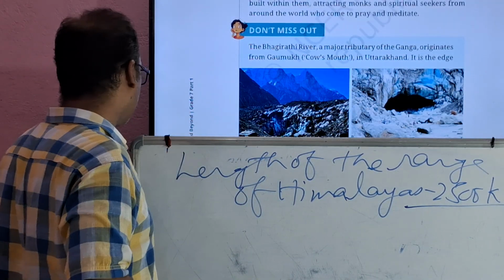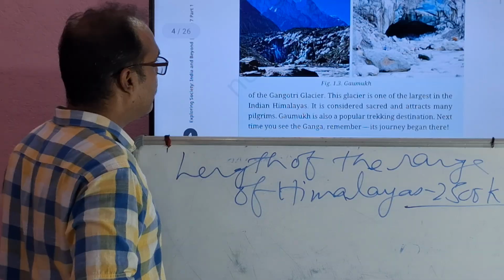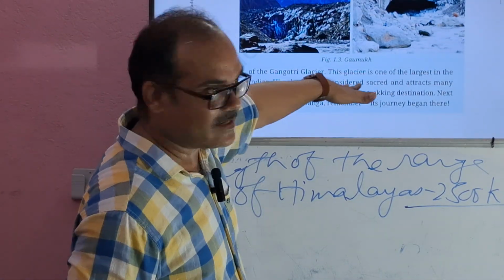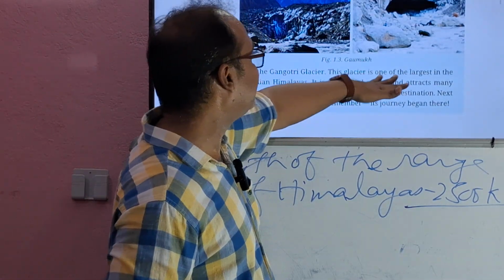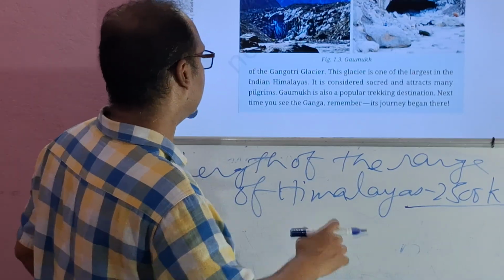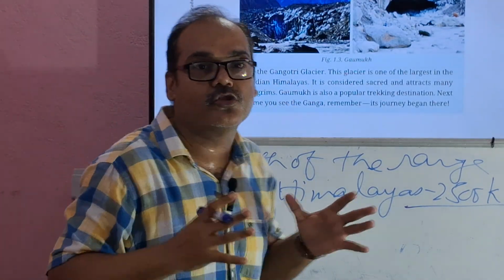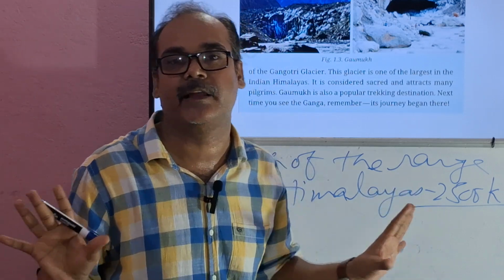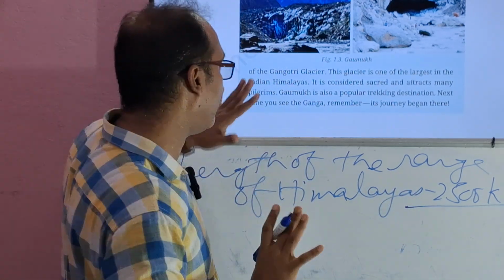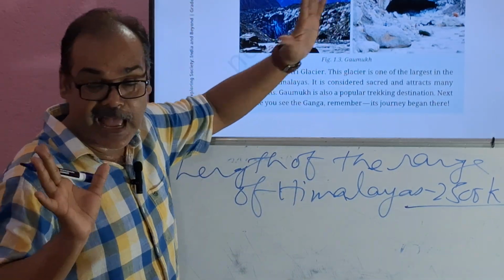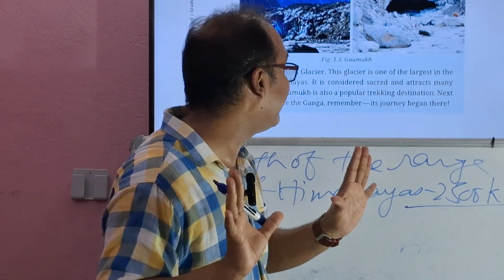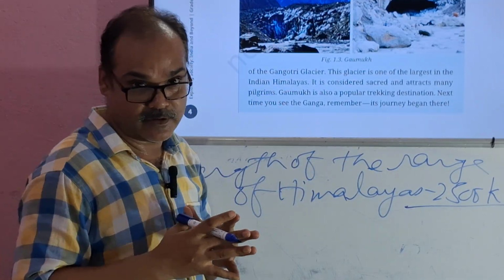See here, Gaumukh of the Gangotri glacier. This glacier is one of the largest in the Indian Himalayas. It is considered sacred and attracts many pilgrims. Gaumukh is also popular for trekking. People go there for trekking. It acts as a trekking destination for the people, right?